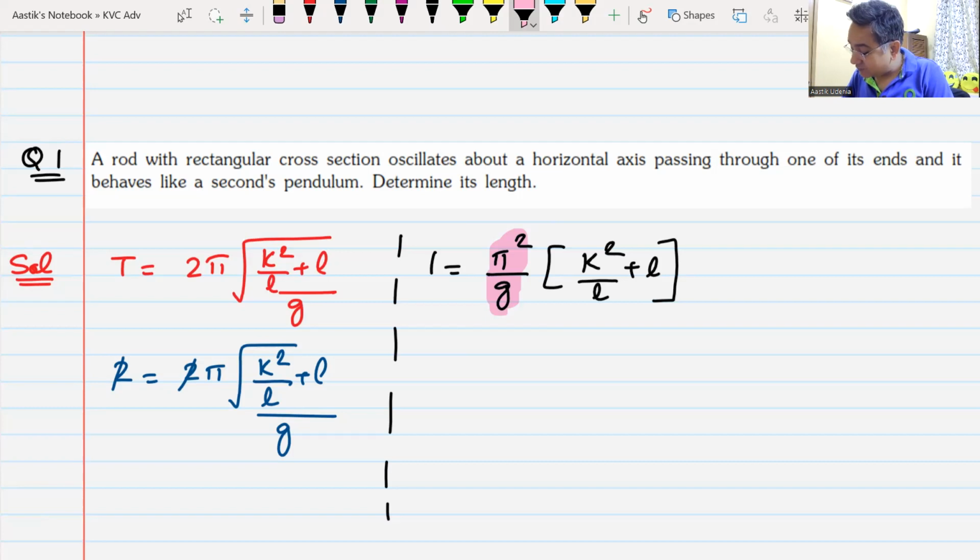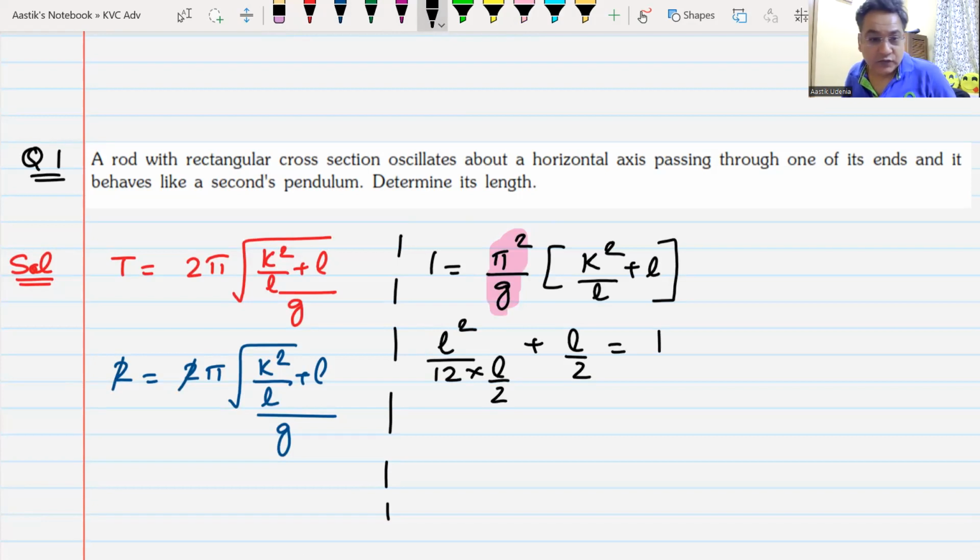k square for this is L square by 12, into L by 2 plus L by 2, that must be equal to 1.